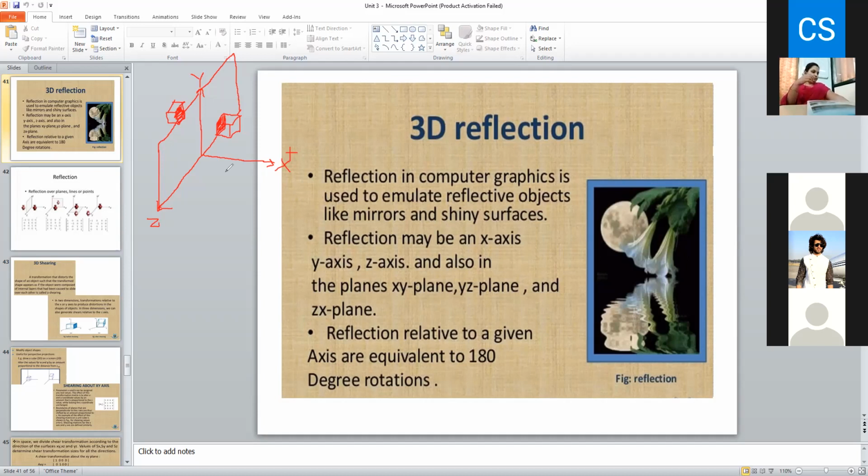One second. I will take the example of this duster again. This is your YZ plane.